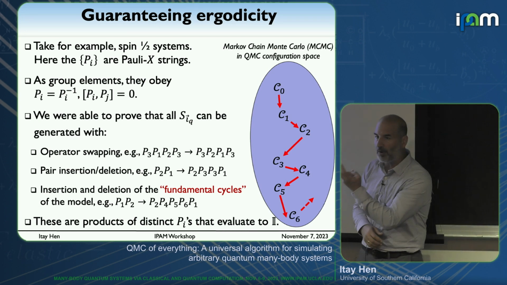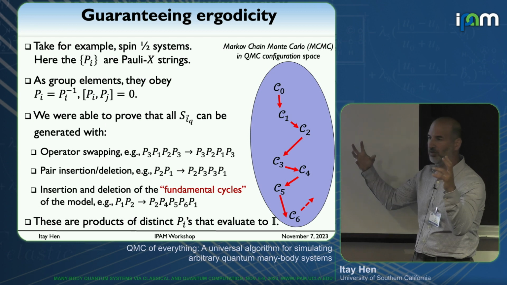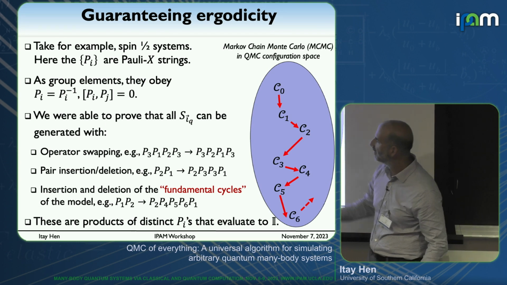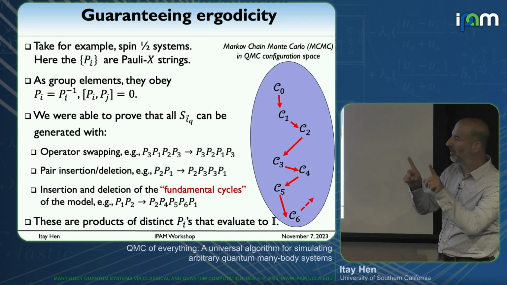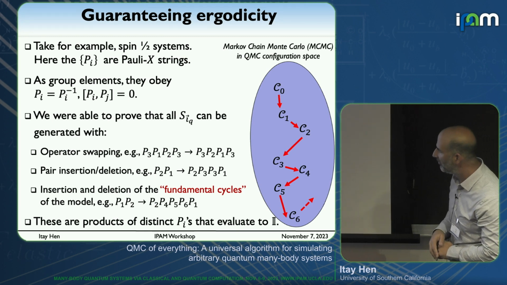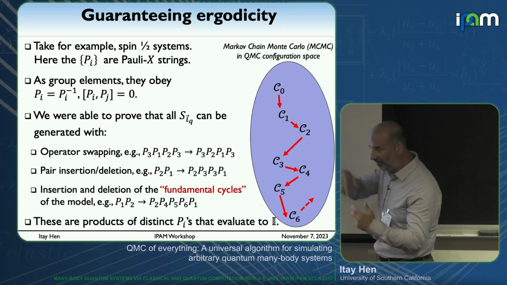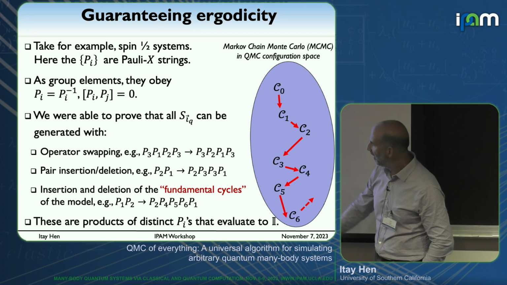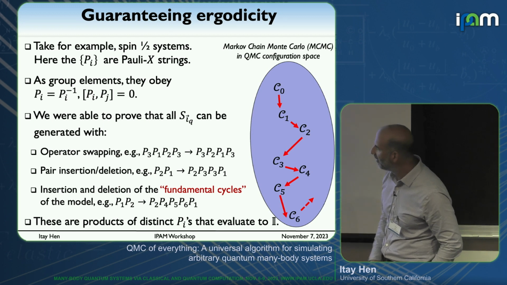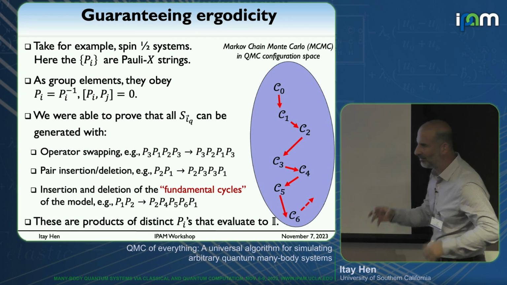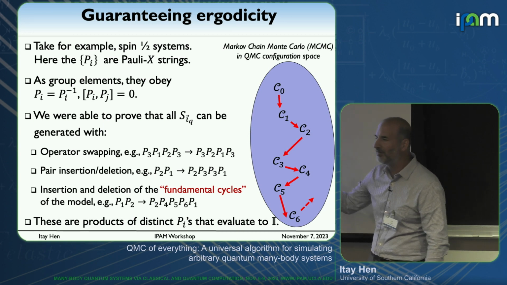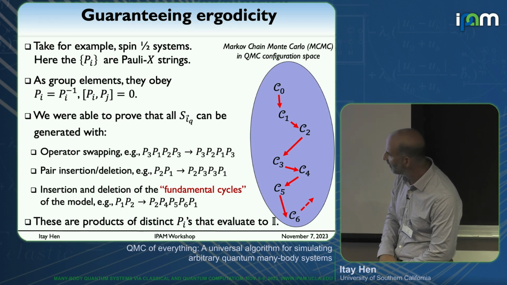So if I swap two Pauli X strings and I started with an identity, it will remain an identity. If I insert two of the same Pauli X strings, same thing is going to happen. Or delete pairs of two Pauli X strings. And then there is really one thing that is, I guess, the pinnacle in some sense: the notion of fundamental cycles, which I'll talk about in a second.